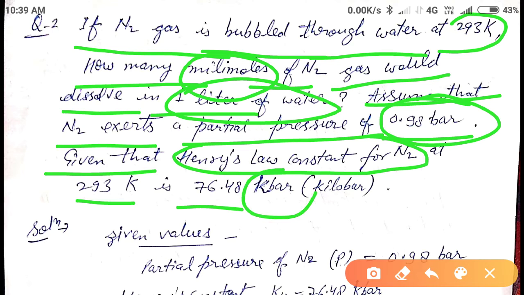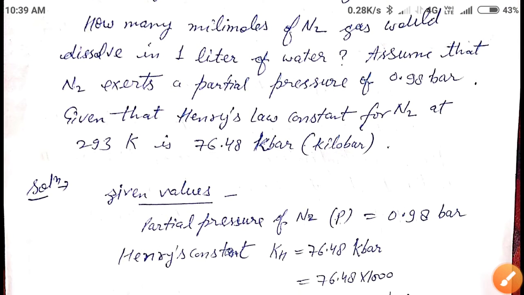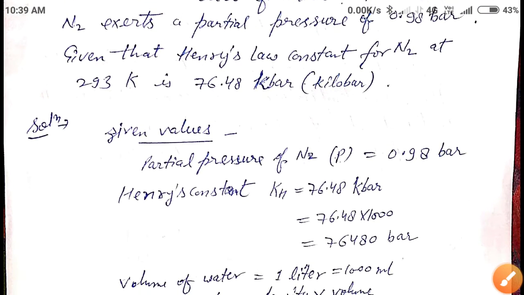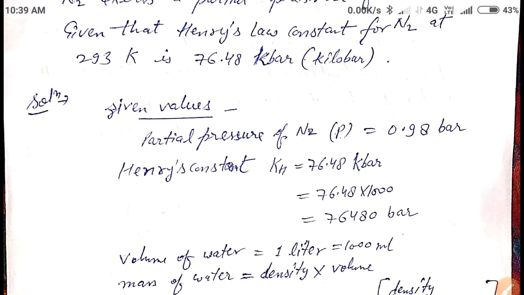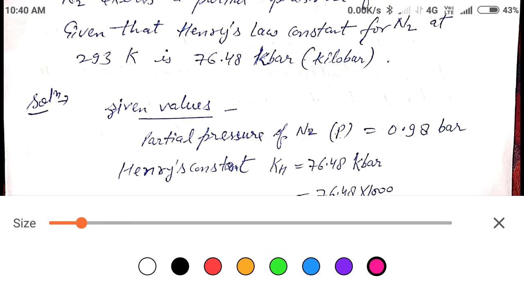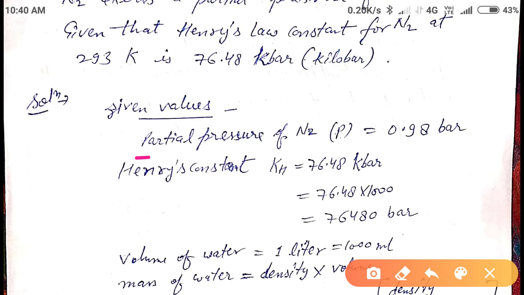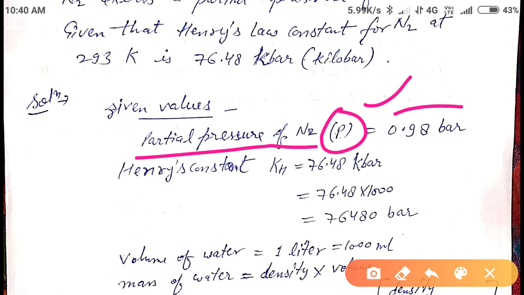76.48 kilobar, here the kilobar. How can we solve this? First of all, we write the given values. The partial pressure, denoted P, is 0.98 bar.